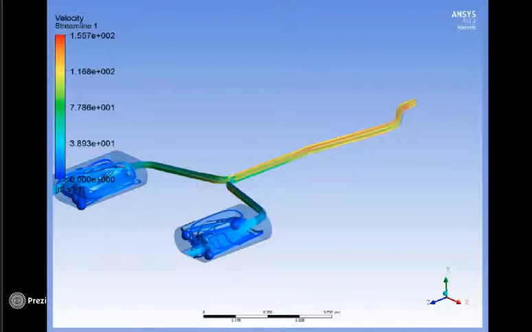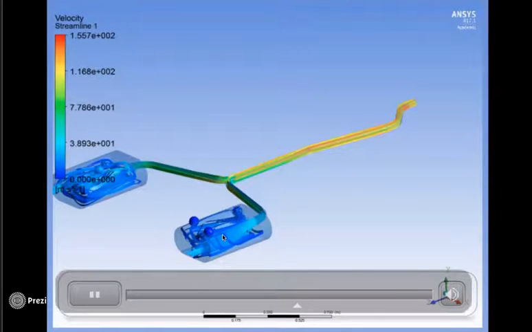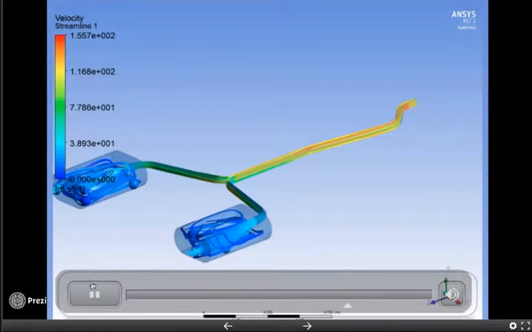Same thing, did the velocity streamlines on the dual exhaust, and as you'll notice here, while the velocity is the same coming off the cat as we would obviously expect, because you have two mufflers here, you actually have a lot more time for the fluid to cool down within these plenums, and that's going to result in a cooler exhaust. It's going to result in less shear along the walls, and ultimately less problems for me.